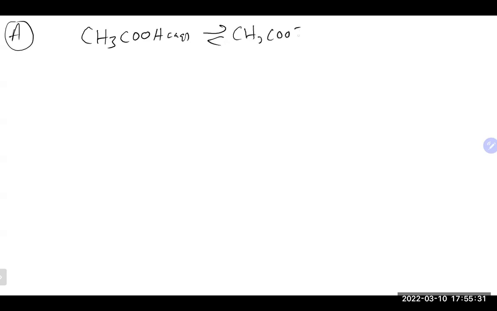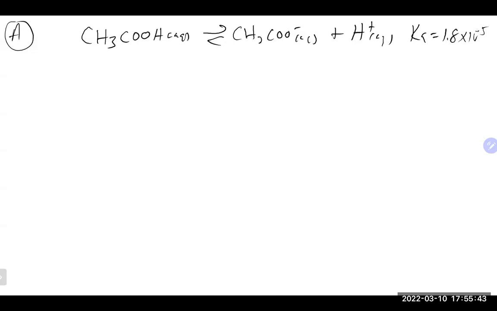So part A, we're just going to do our dissociation equation here for acetic acid. Ka value 1.8 times 10 to the minus 5, I believe.